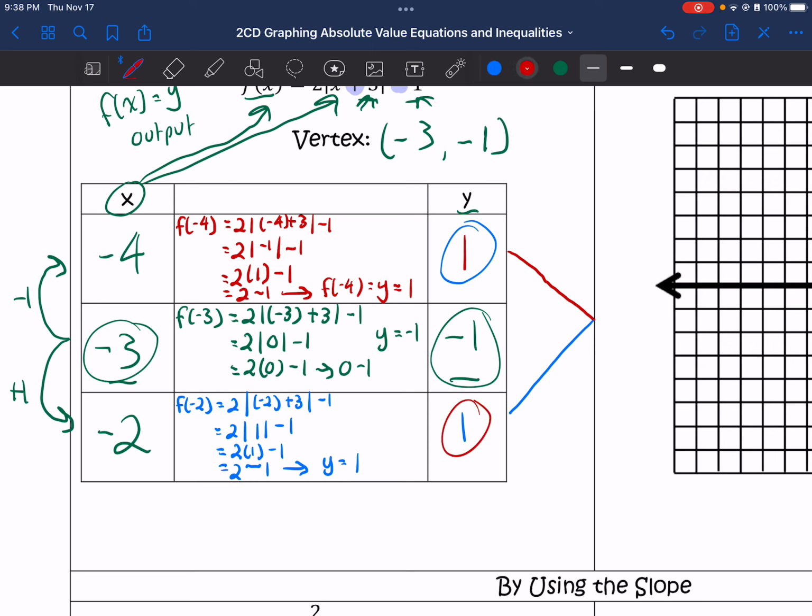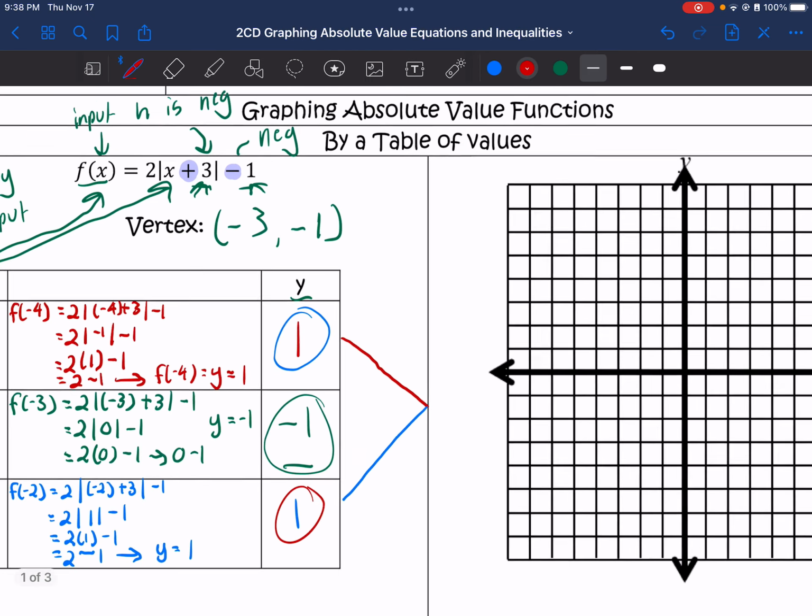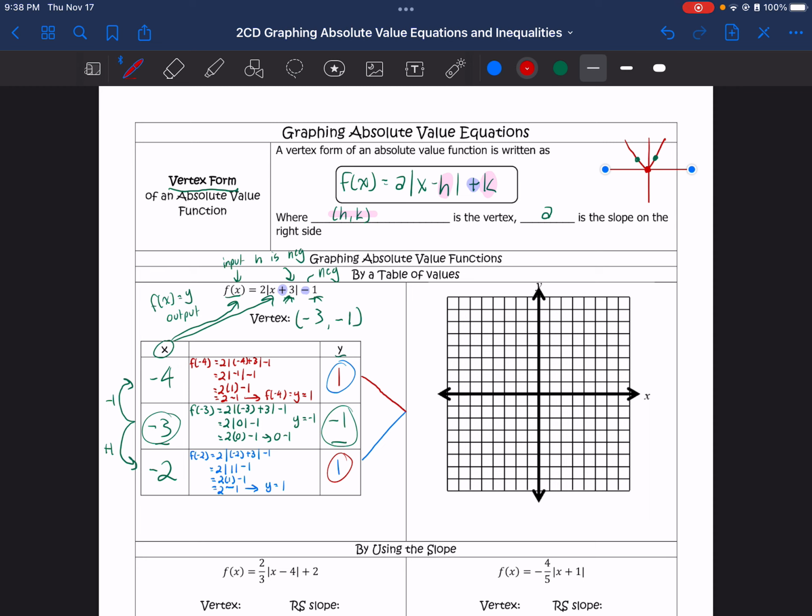So when you move one step below and one step above, you get the same y values. If we look back at our parent graph right here, of course, it's symmetrical across the vertex. It's a V. So we are going to get these same points whenever we move one step down and one step up.